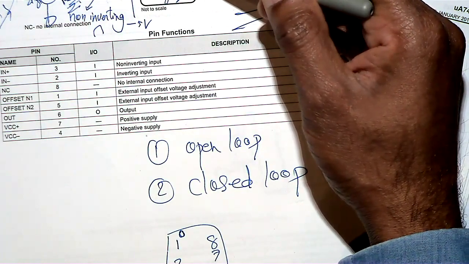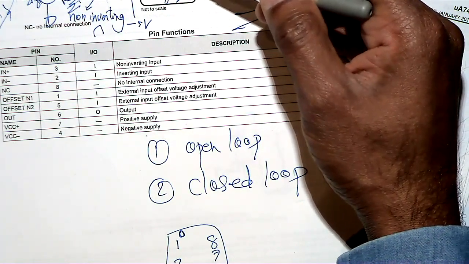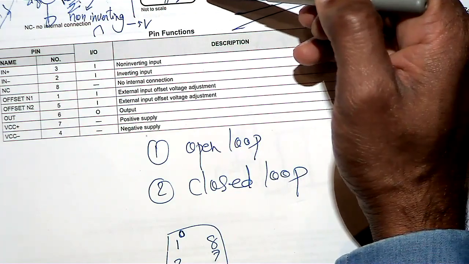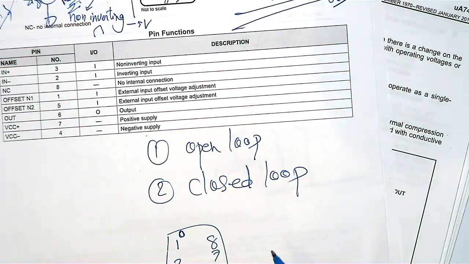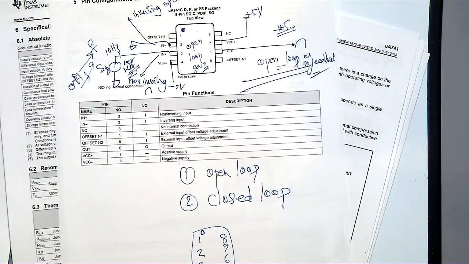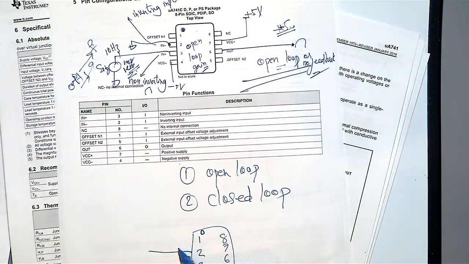You should be counting 1 from there. 1, 2, 3, and then it will be counting 4, then 5 will come here, 6, 7, 8, something like that. And then you already saw, pin number 2 is the inverting, so negative. Pin number 3 is the non-inverting. And then pin number 6 is the output.